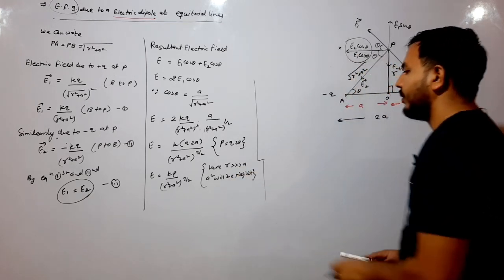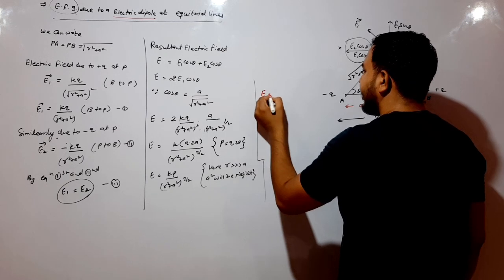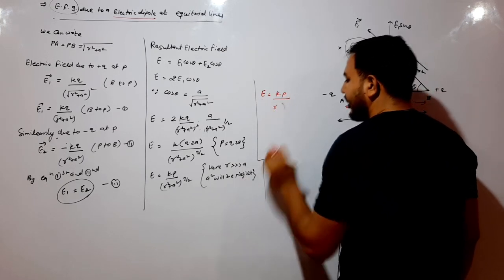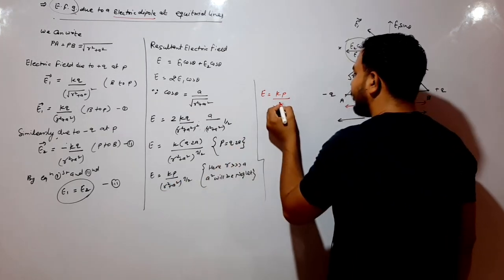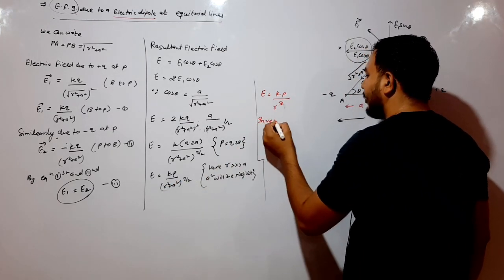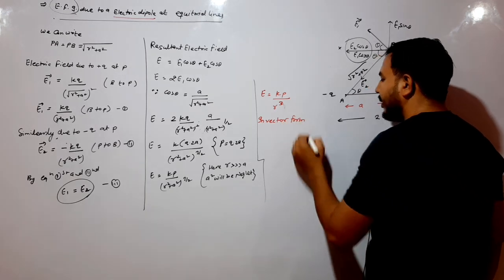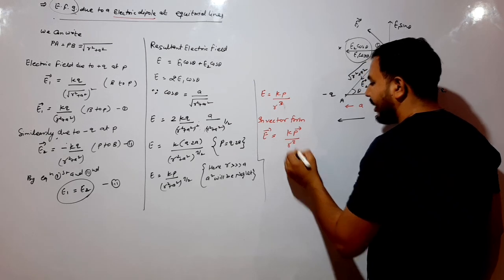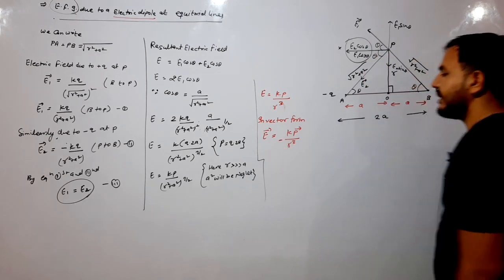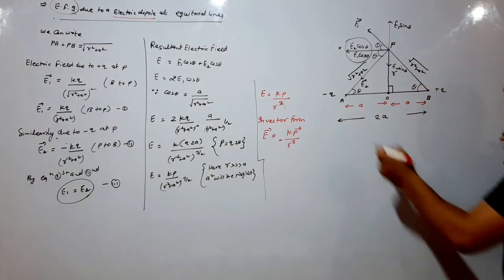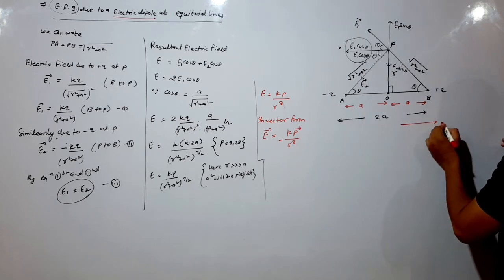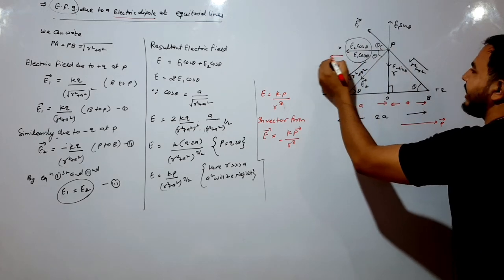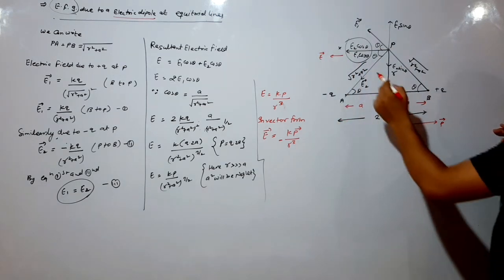So you can write E is equal to kp upon r square, a square is negligible, then r to the power 3, in vector form. In vector form, E vector is minus kp vector upon r cube, but minus is always here because the electric dipole moment direction is from minus q to plus q in this direction, and the resultant electric field is in the opposite direction.